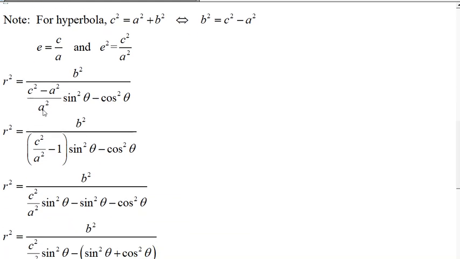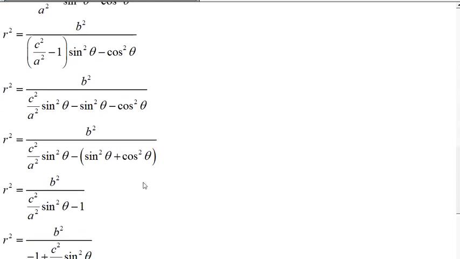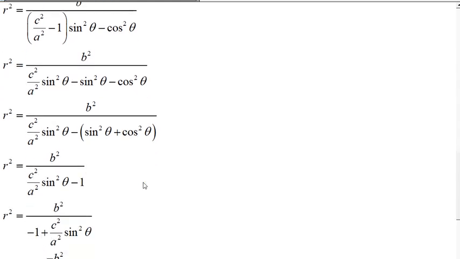Multiplying this out, we have c squared over a squared times sine squared of theta minus sine squared of theta, minus cosine squared of theta.